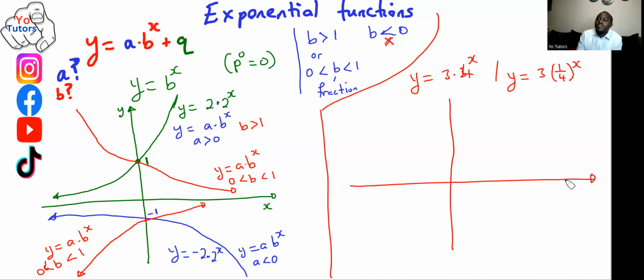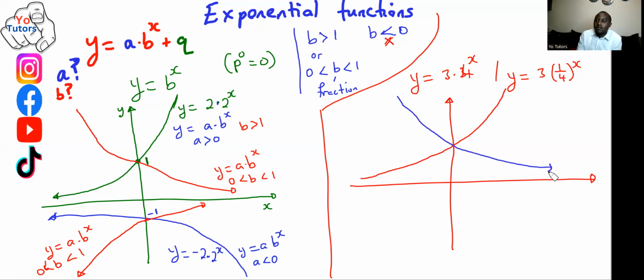If we are to have these two graphs, they are both positive. A is positive, so we expect to find them on top here. And let's see what we have. We have a positive one, it's going to go like that. Then the one with the fraction is going to be like this.